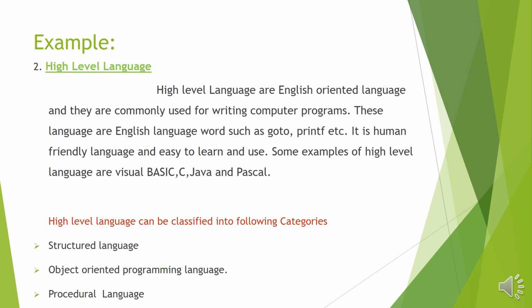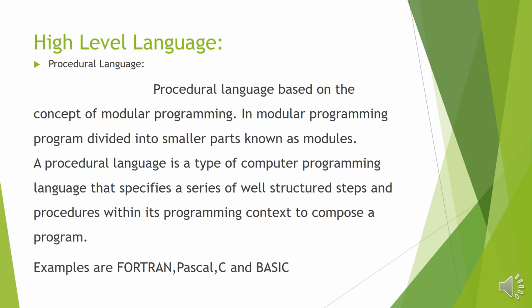High-level language can be classified again into the following categories, as we read in the first slide: structured language, object-oriented language, known as OOP, and procedural language. The first type is procedural language. Procedural language is based on the concept of modular programming.